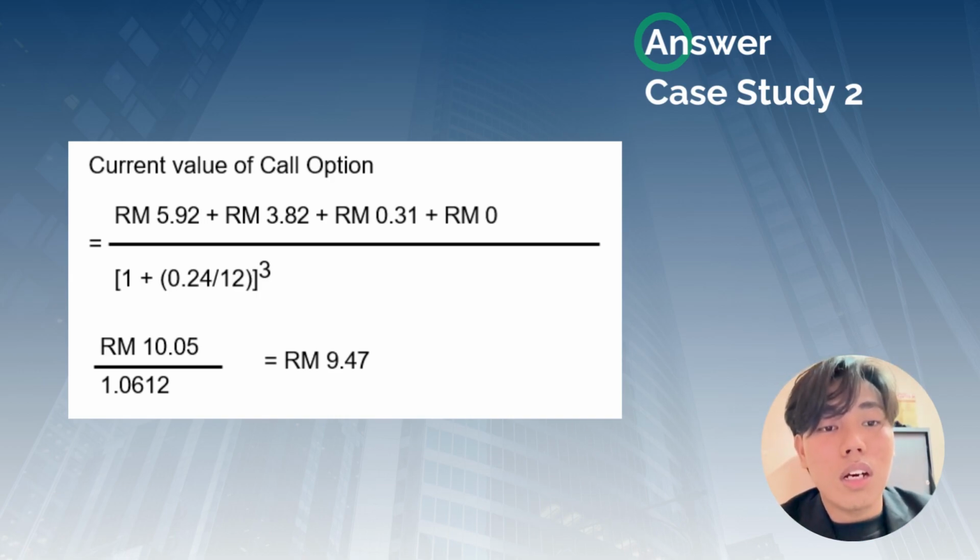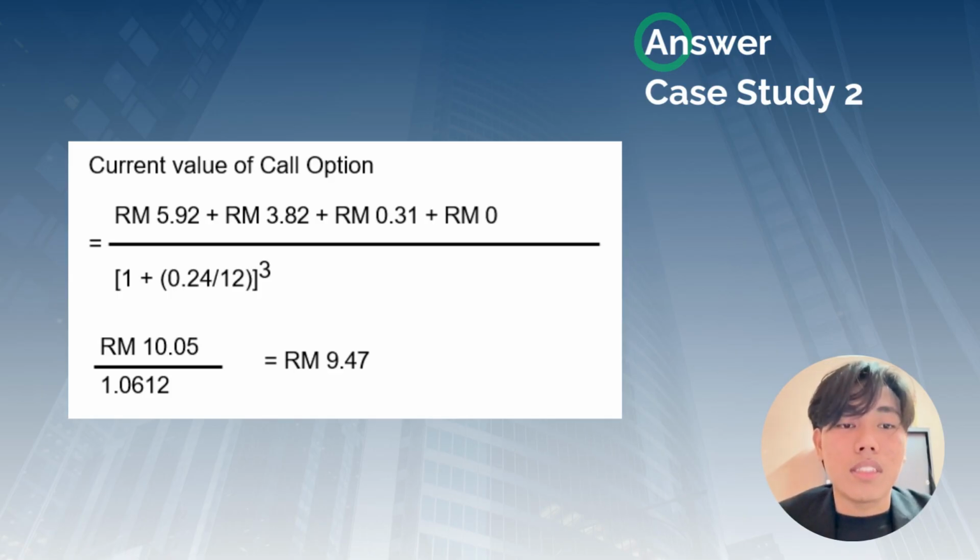For the terminal value, you get 10.05 and divide by the discount factor, which is 1.0612, and when you use the calculator, you will get the answer. The last answer is RM 9.47 for the current value of the call option.